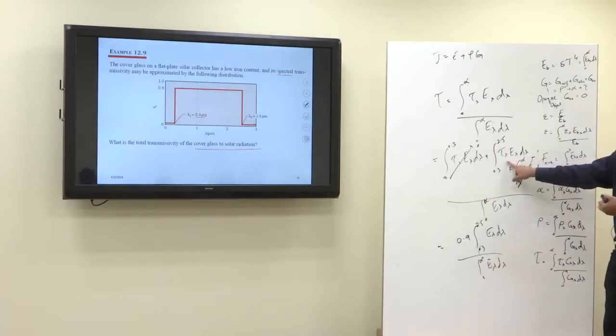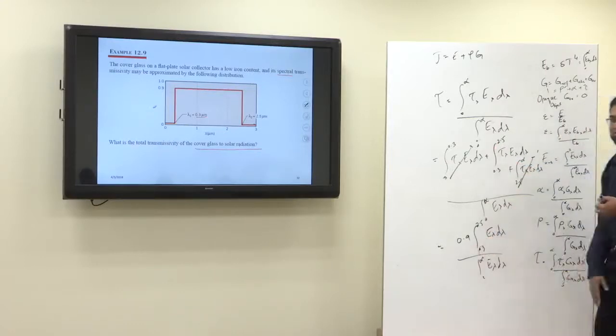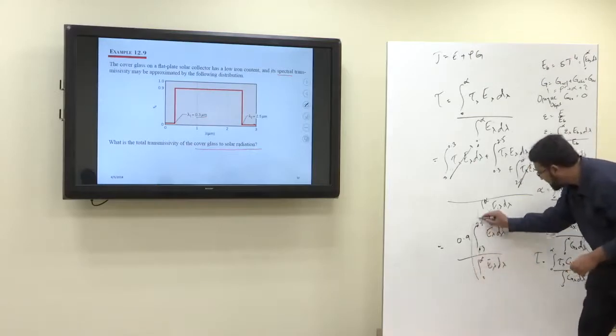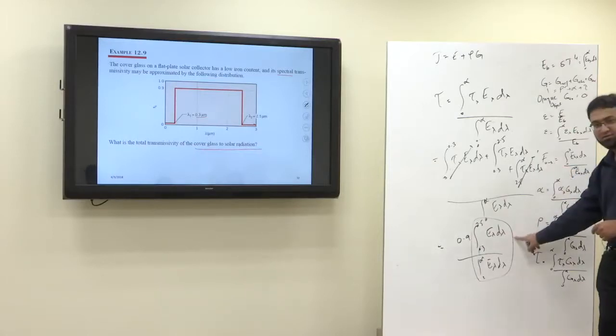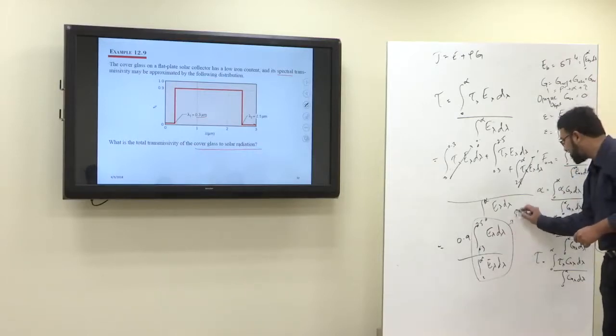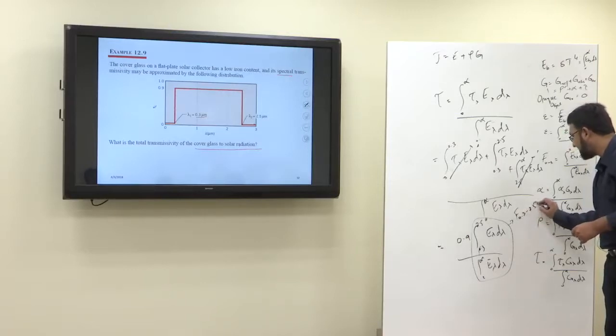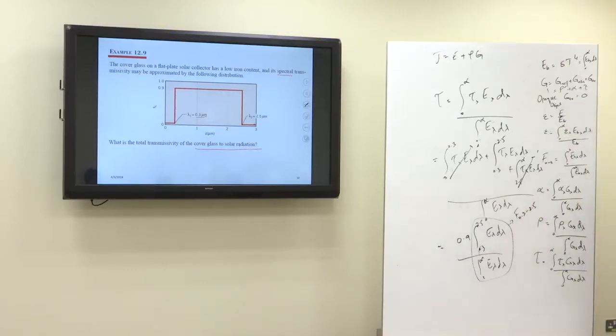Here it will not cancel, so it comes out like this. So now this thing is basically the fraction from 0.3 to 2.5. Is it clear?